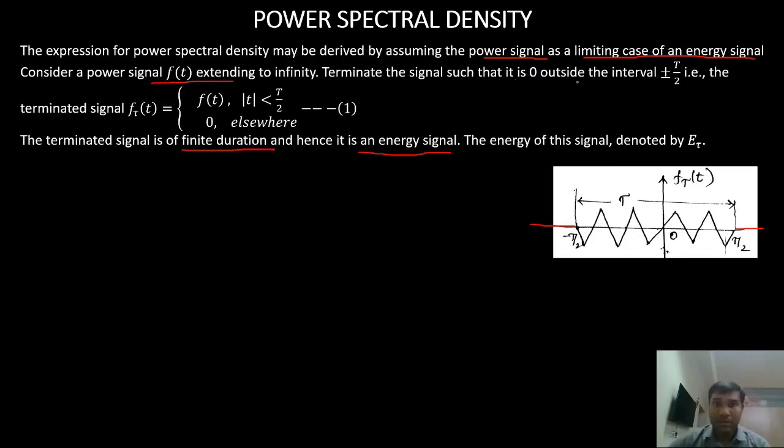Now, since the signal I'm considering here is of finite duration, it is an energy signal. So let me try to find out what the energy of the signal is.